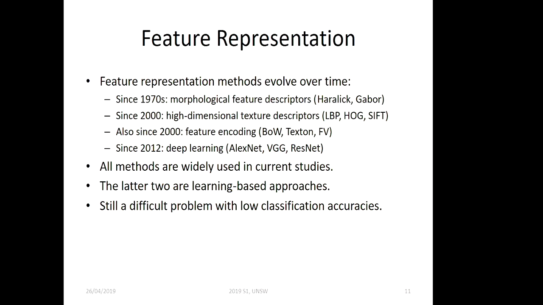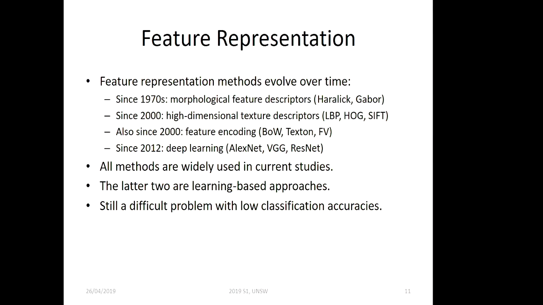Those are all applicable to images. You can use those filters to process the images, extract edge-like structures from them, and then do some further encoding to get these filter-based features. Those are called morphological feature descriptors.